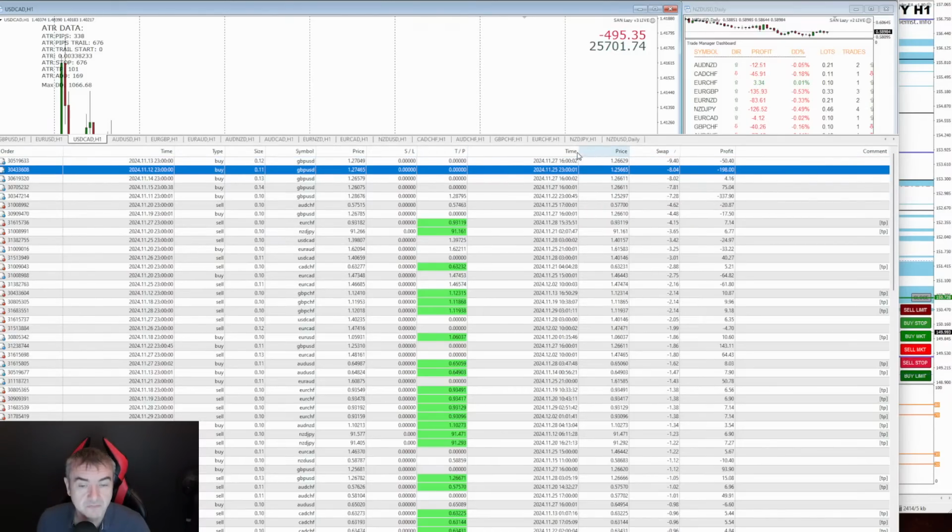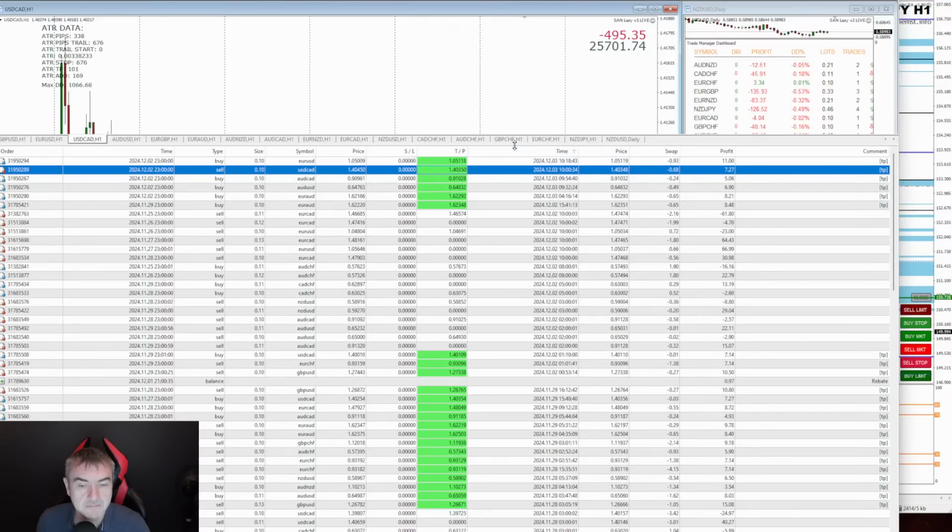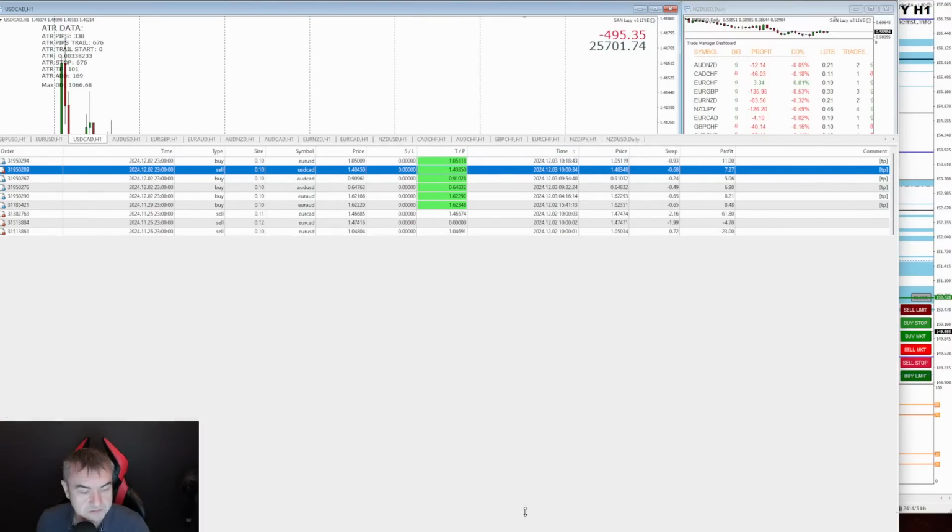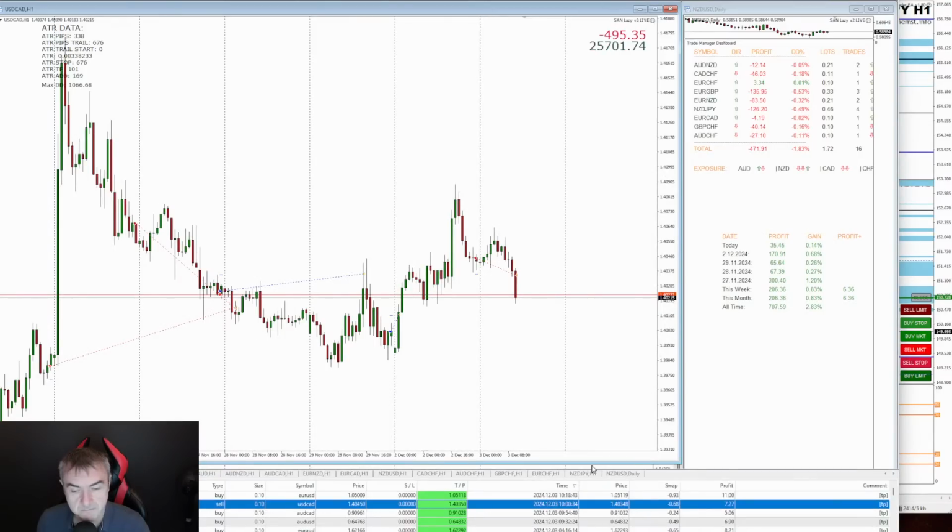But the swap isn't actually that important because you are only paying one overnight swap on it. On a Wednesday, obviously, that'll be more expensive, but the vast majority of holds are out within 1 to 2 days. It's the ones that are held long term which are going to cost you more.